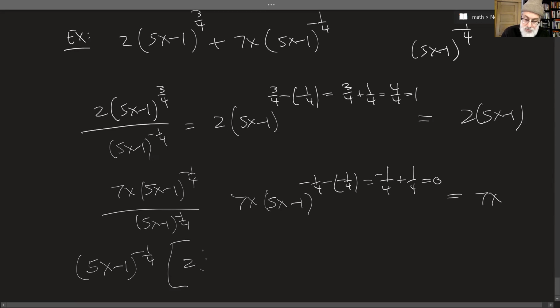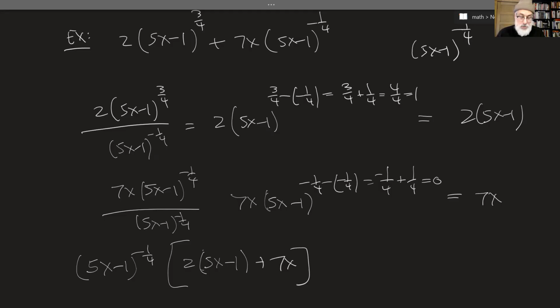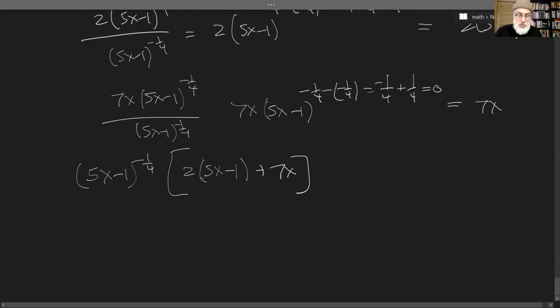So 2 times 5x minus 1, plus 7x. Now that's the factorization. We could maybe make the inside prettier if we want. Why not?